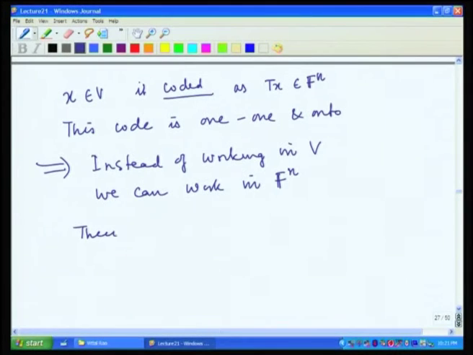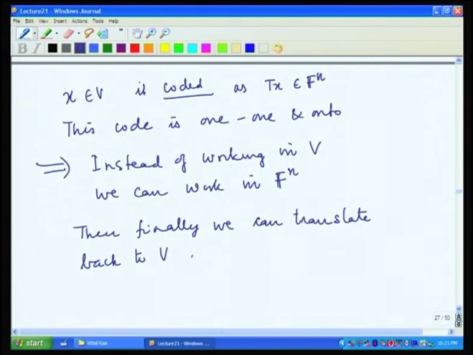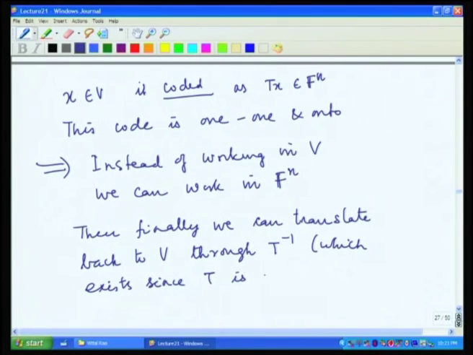This is because T is 1-1 and onto, so it will automatically have an inverse map, and that inverse map will carry the decryption part of it. It will carry the coded Tx to the original x, and therefore finally we can translate back to V through T inverse, which exists since T is 1-1 and onto.